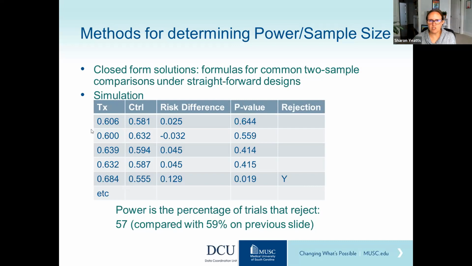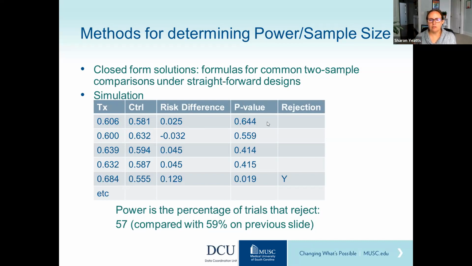So this is the phase 2 trial with a binary outcome that we just talked about. I can simulate one trial and see that the treatment group in that trial has a 60% good outcome rate. The control group has a 58% good outcome rate. I can calculate the risk difference, calculate the p-value. And I do that lots and lots and lots of times. And I track how many of those p-values led to rejection of the null hypothesis.